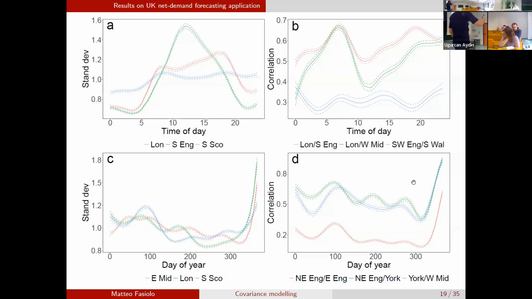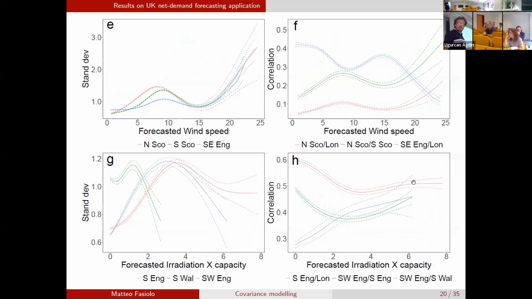So you know that before Christmas you're going to make big mistakes, and this plot, which is again day of the year and correlation, shows you that if you look at some pairs of regions, the correlation between the errors also goes up. So just before Christmas, you'll make big mistakes, and the mistakes will have the same sign across the regions. So it's a particularly hard period to forecast. So these are the time variables.